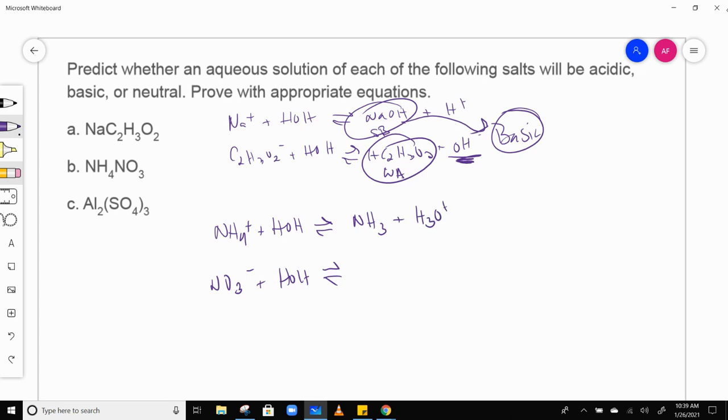This one's always a tricky one, right? That's a tricky one. This is a weak base. And this one's HNO3 plus OH minus. This is a strong acid. So this one will form. So we'll have an acidic solution. And just remember, strong acid means acidic.